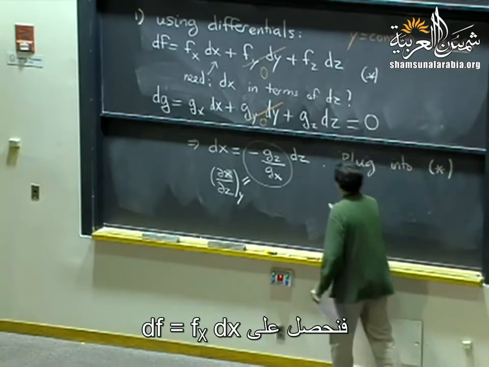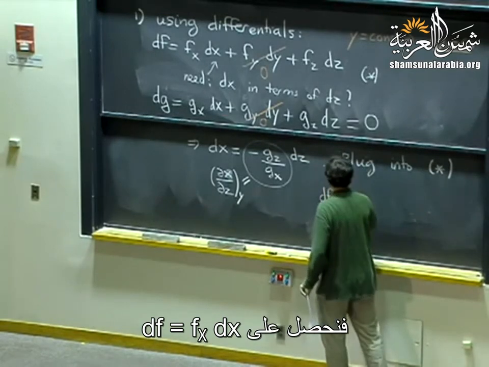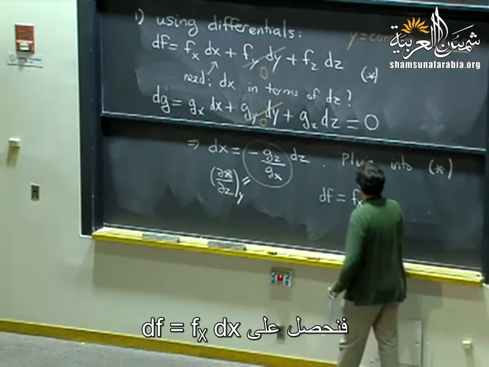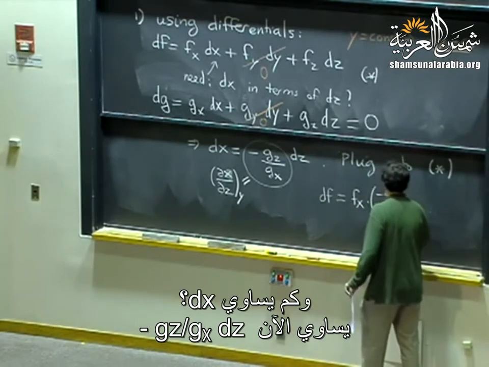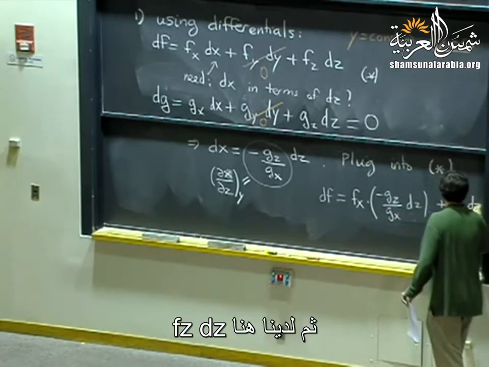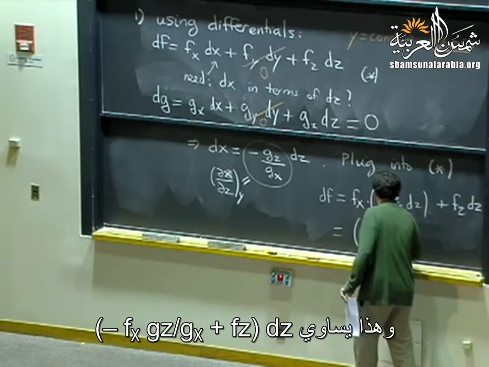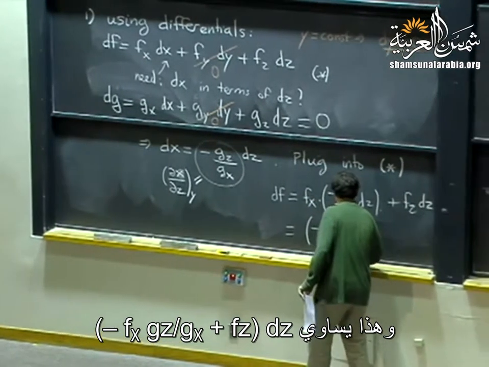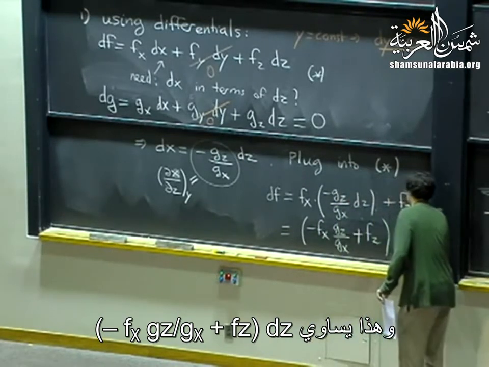And that will tell us that df is f sub x times dx. Well, what is dx? dx is now minus g_z over g_x dz plus f_z dz. So that will be minus f_x g_z over g_x plus f_z times dz.